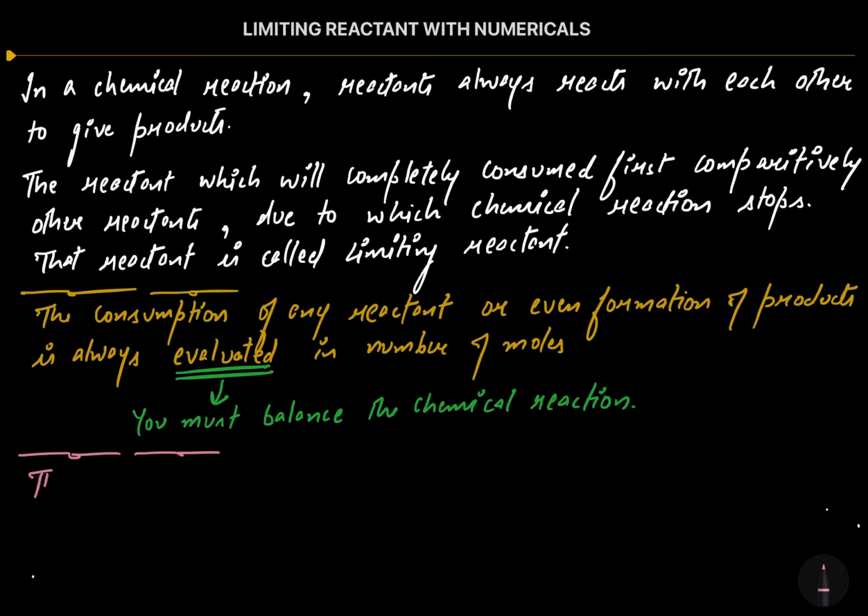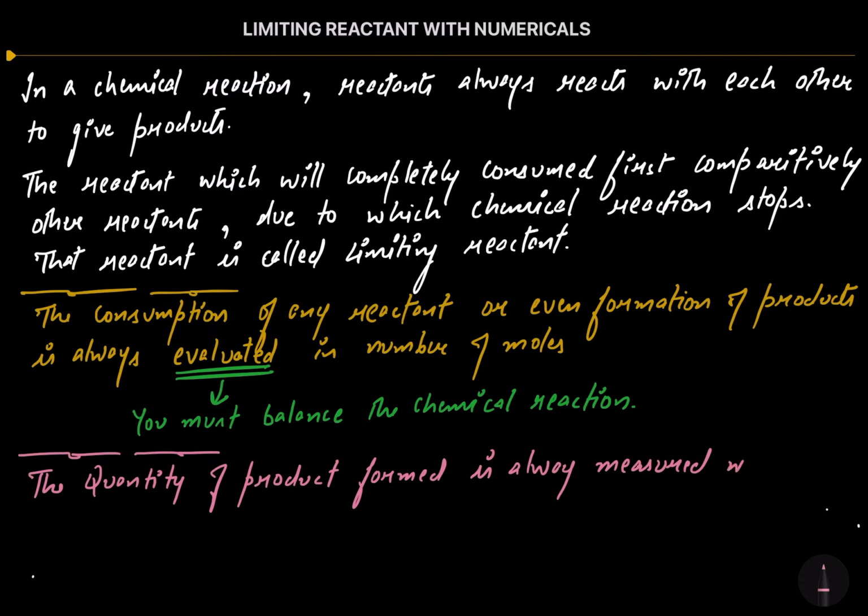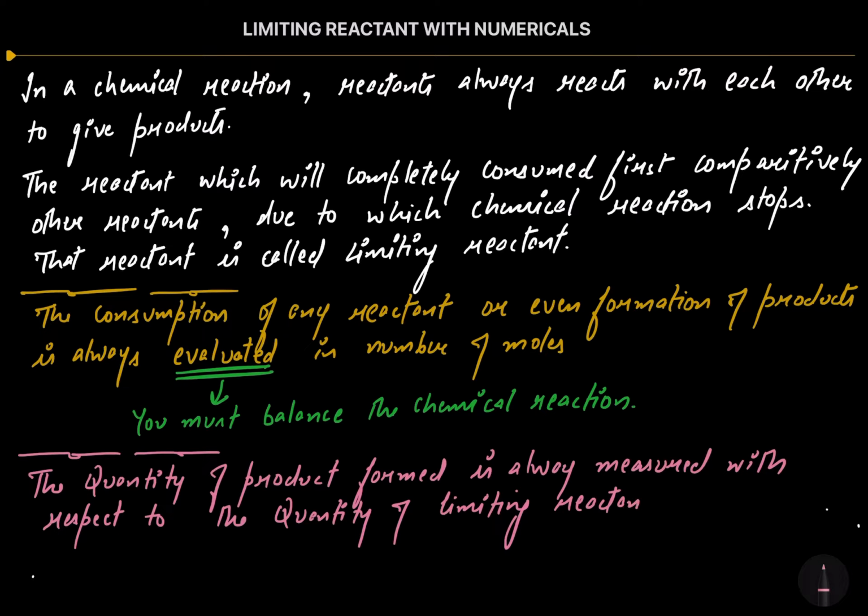The next is the quantity of product formed. The quantity of product formed is always measured with respect to the quantity of limiting reactant which was completely consumed.